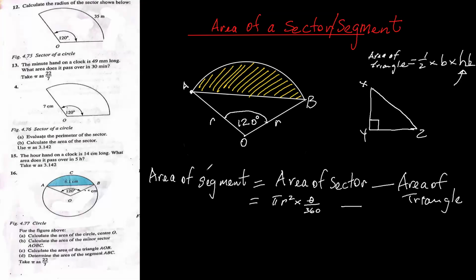There's an area of a triangle when we know an angle. That's the one we have to find. So stick with me. This is very straightforward, very easy.